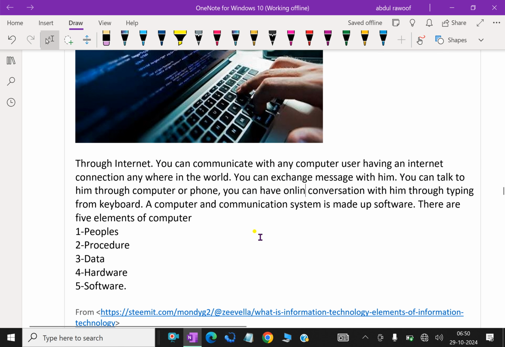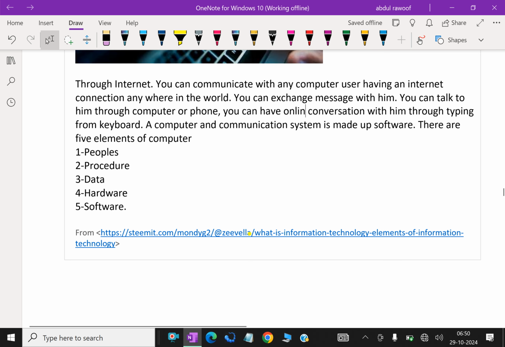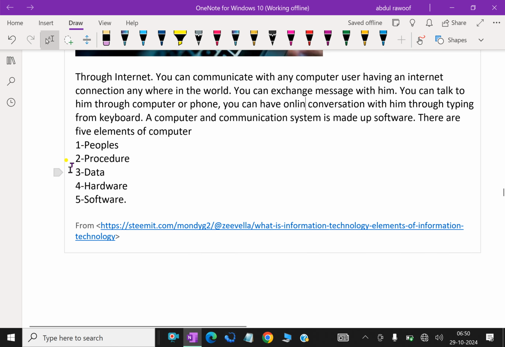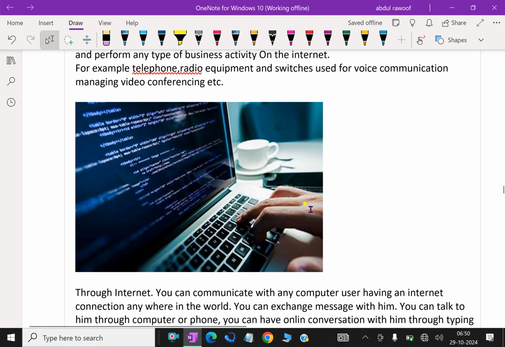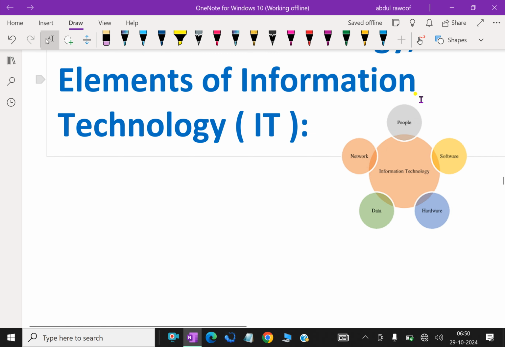A computer and communication system is made up of software. There are 5 elements of computers. The main elements are people, procedure, data, hardware, and software. These are the main element concepts here.